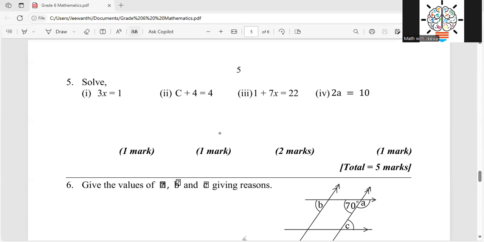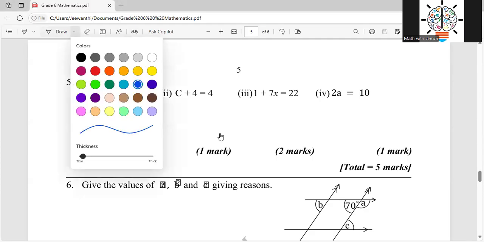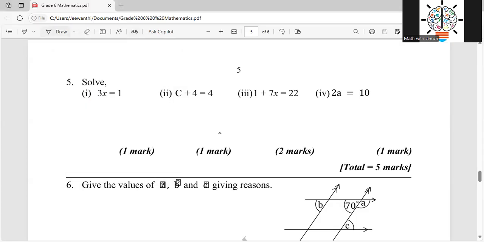Now here, these are very easy questions, children. The equations, if you can remember the basic algebra you learned. 3x means what? 3 times x, right? 3x means 3 times x.